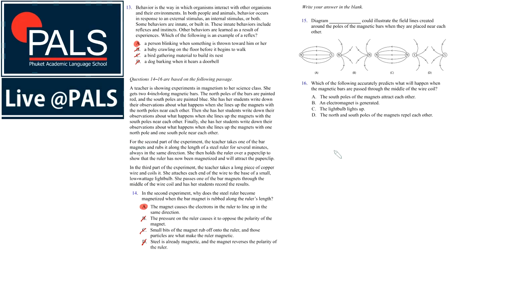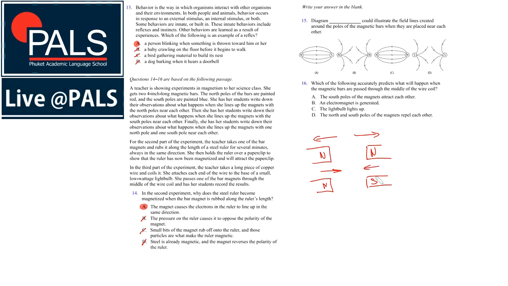So I hope you know that if the north pole of the magnet is close to another north pole, they will repel each other. Same for south pole and south pole, that's true as well. Whereas when we have a north pole and a south pole next to each other, they will attract each other.